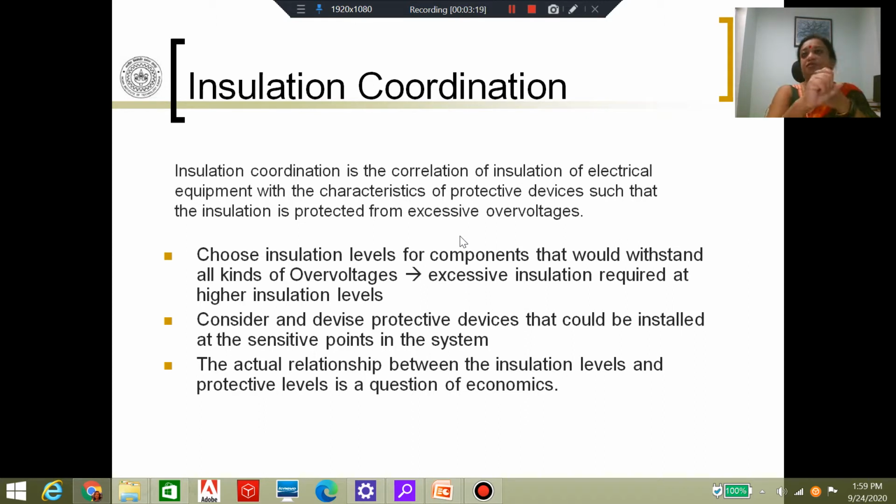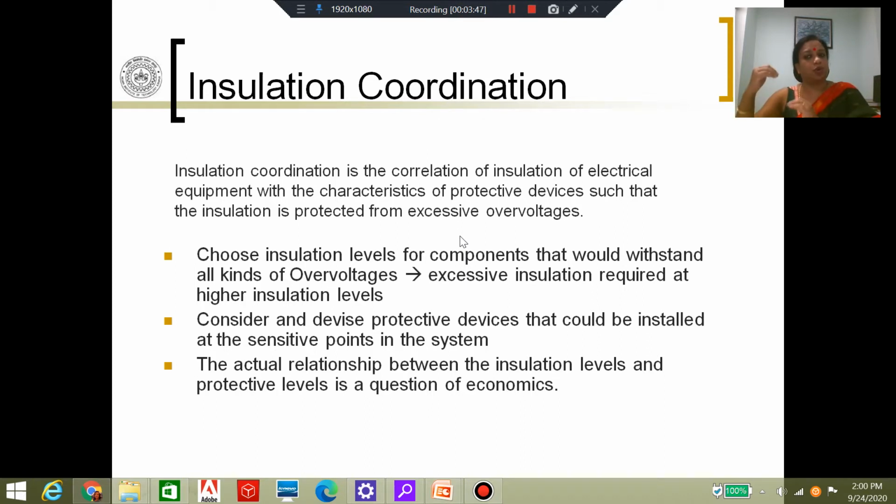The function of the protective device is to make sure that the over voltage magnitude that appears across your equipment is diminished. So only up to a certain level, over voltages will appear across the insulation. Over voltages in excess of that level will be prevented by some means from appearing across the insulation.